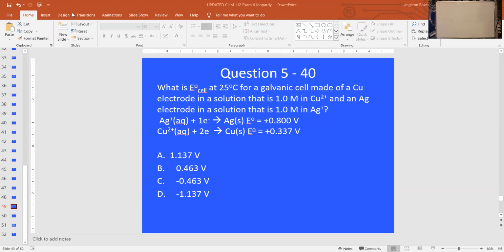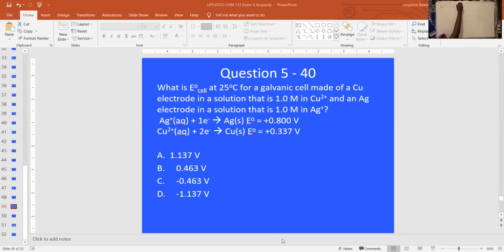Okay. So, the right answer, the answer I was looking for was B. Just so you know, we'll talk about it right now. So we have our two half reactions. So we have Ag+ plus e- goes to Ag solid. I don't care about states.